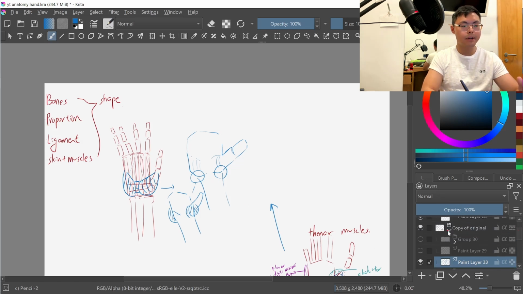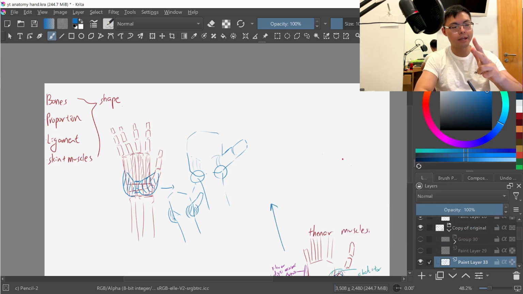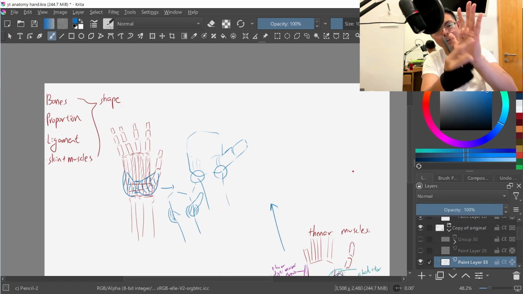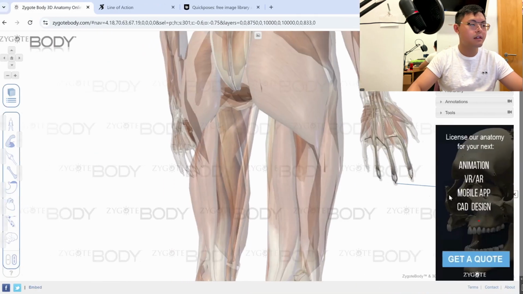Okay, so we talked about the bones, the proportions, simplified versions, the knuckle formations, the thenar muscles, sorry, the palm muscles, and the hidden X area over here. I'll show you the practice of it.